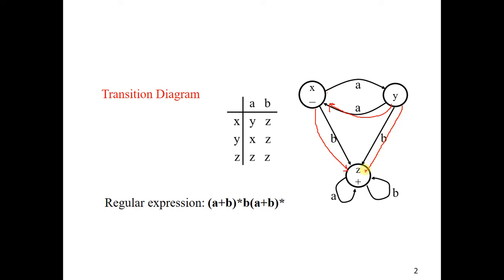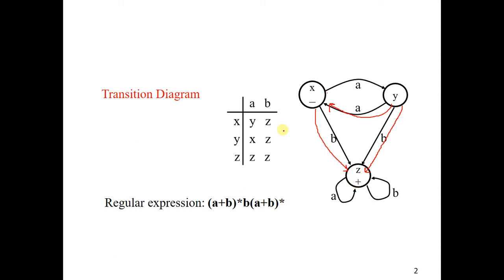So you can figure out that whenever you read a letter B, whether you are at the X state or the Y state, you end up at the accepting state, that's Z. And once you are here, you stay here no matter whatever you read. So I think you can guess that this machine accepts all those words which have the letter B. If the letter B occurs even one time, the word will be accepted.